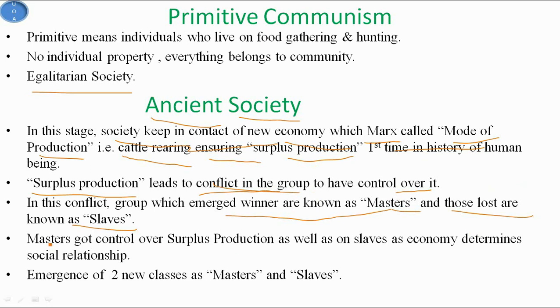The masters basically got control over the surplus production as well as the slaves, as economy determines social relationships. Here the master got control over the surplus as well as over the slaves. So it leads to the emergence of two new classes, masters and slaves.